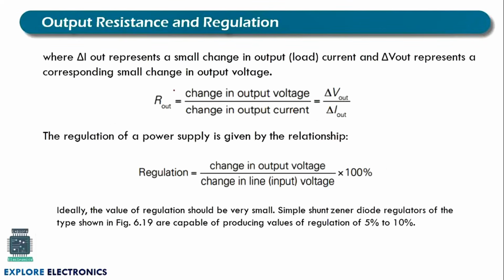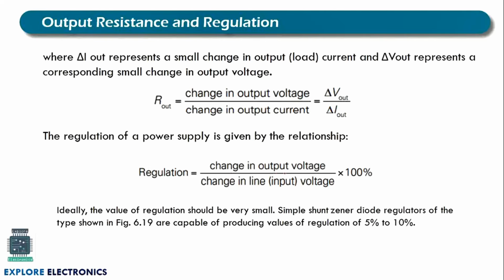And then output resistance. Output resistance Rout can be written as change in output voltage with respect to change in output current. Voltage divided by current is the resistance, as we know. So the regulation of a power supply is given by the relationship: what is the amount of regulation that occurred?